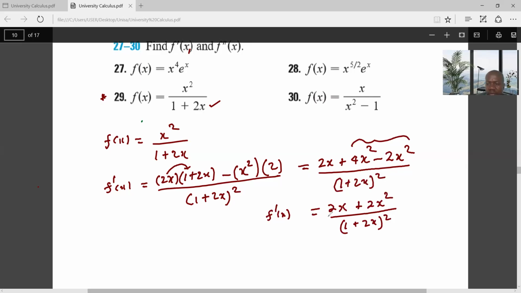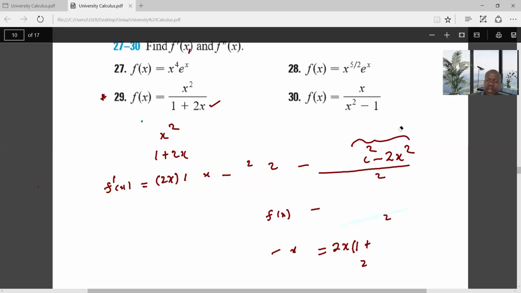So you can see that at the numerator, you can take common factor of 2x to remain with 1 plus x, divided by 1 plus 2x all squared. I believe this is the answer that you're supposed to get, if I'm not mistaken. Remember, practice makes perfect. Okay? Right, let's now move on to the next question.